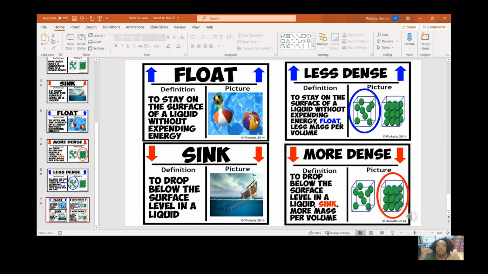Less dense, float, fewer balls in the box. And then with the same color coding, I put more dense to drop below the surface. I put the word sink in there in red and circled the box with more balls in it. So you can see more balls, more dense, sink. Now that we've looked at our terminology, let's go back and do some more think alouds.